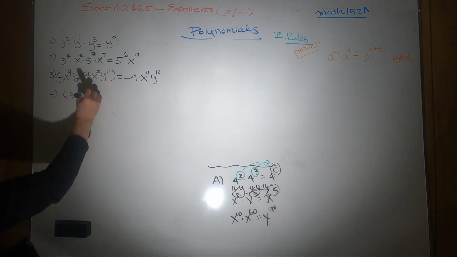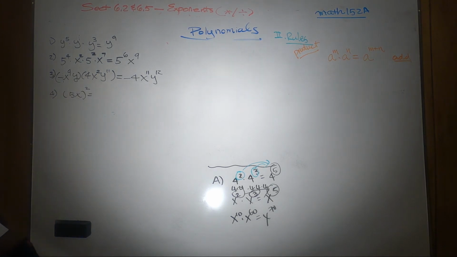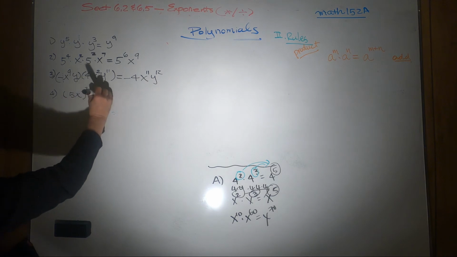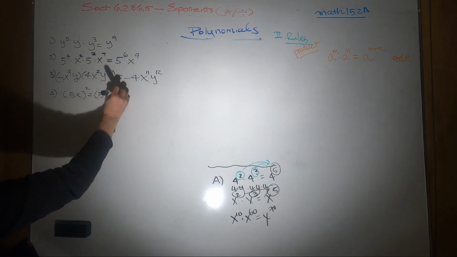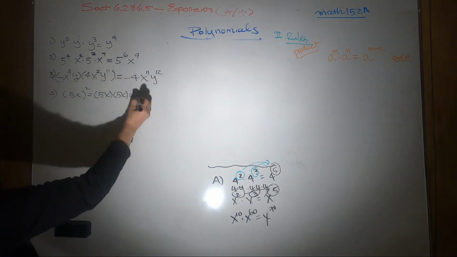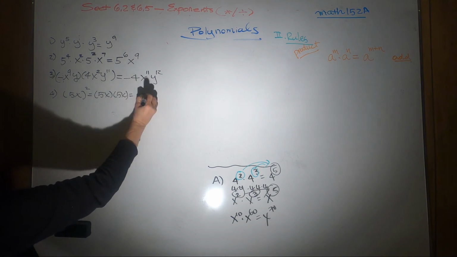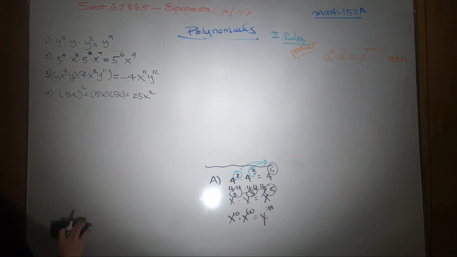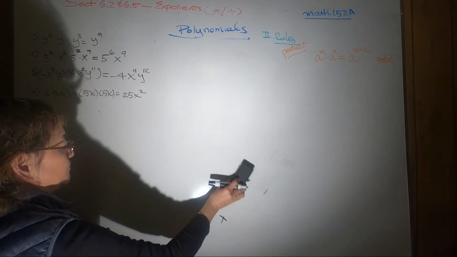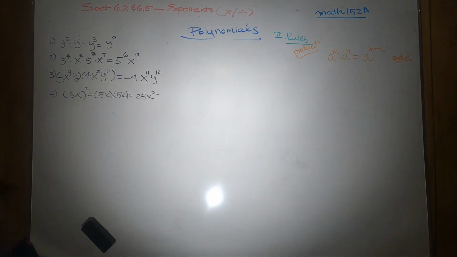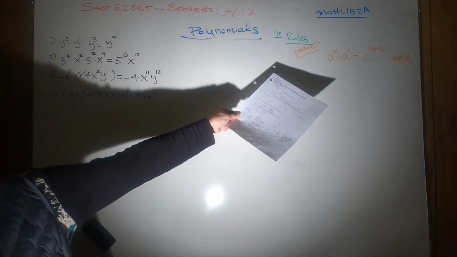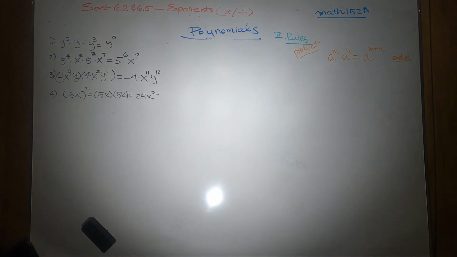Next one. So what do we have? It means what? 5x times 5x. That would be 5 times 5, 25. Simple one, we just spell it out. X, how many? 2 of them. Right? So what were we just practicing? The product property.